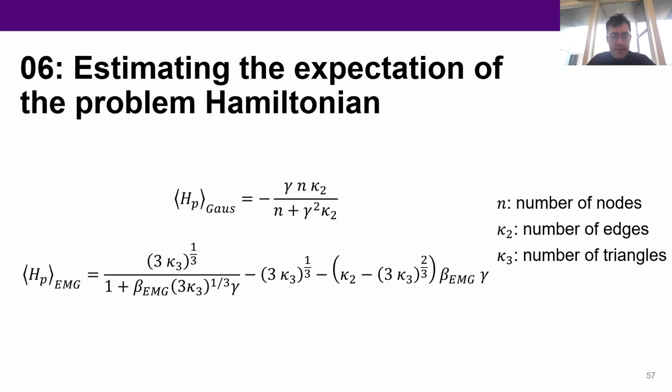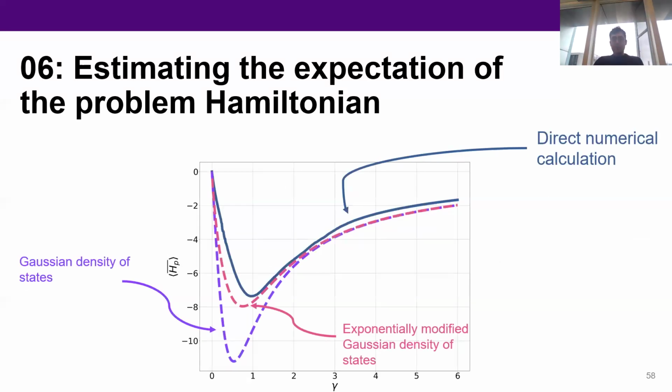But let's see how it compares numerically. So again, I have a 12-qubit instance. The blue line shows a direct numerical calculation of the time average value of HP as we change gamma. The dashed purple shows the prediction from a Gaussian density of states, and the dashed pink line shows the prediction from an exponentially modified Gaussian.